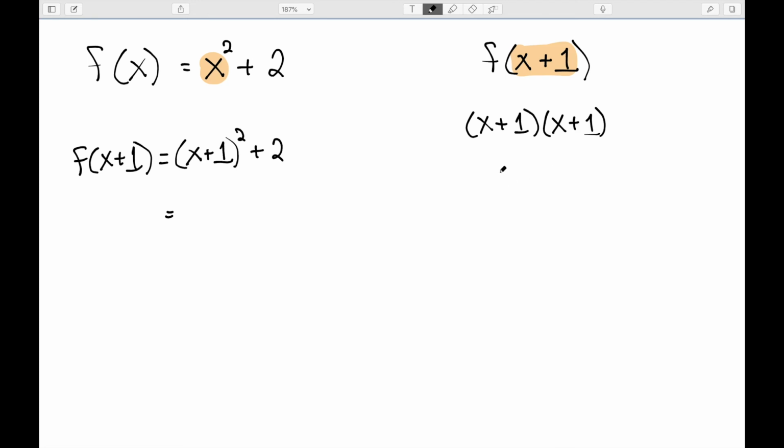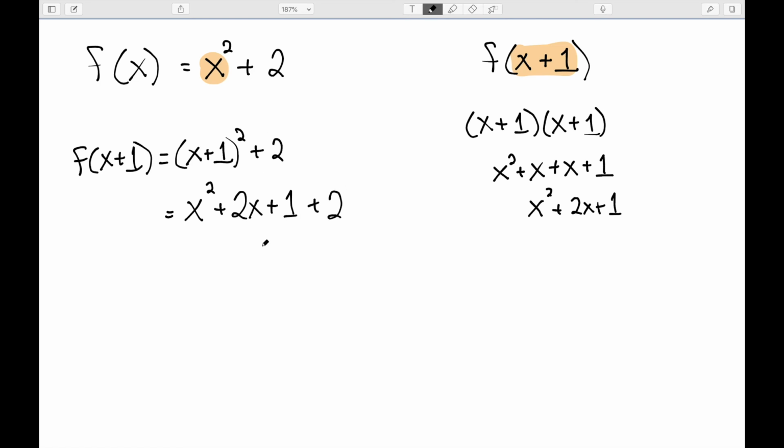If I FOIL this, the first 2 gives me x squared, the outside gives me x, the inside gives me x, and the last 2 give me 1. So x squared plus 2x plus 1, and then I still have the plus 2. So we end up with x squared plus 2x plus 3.